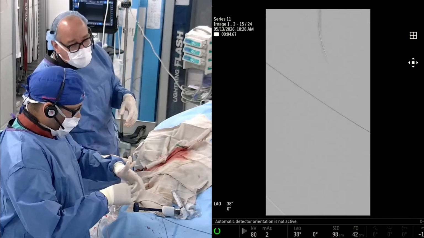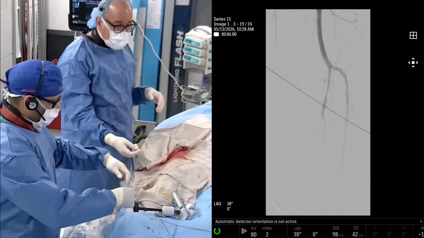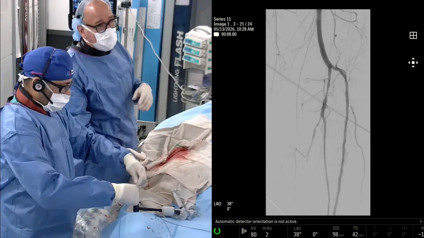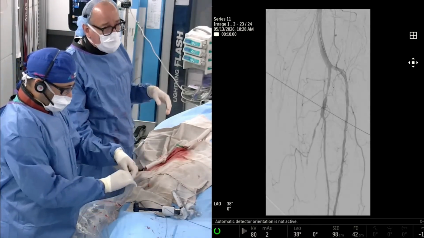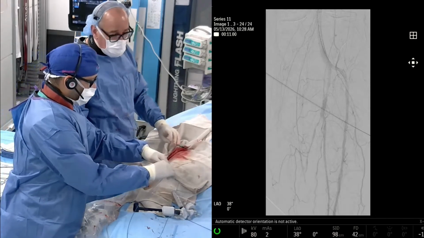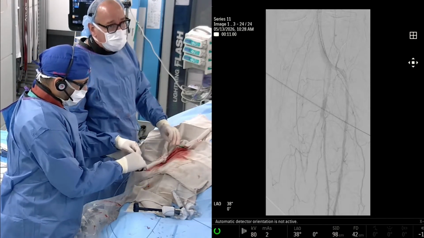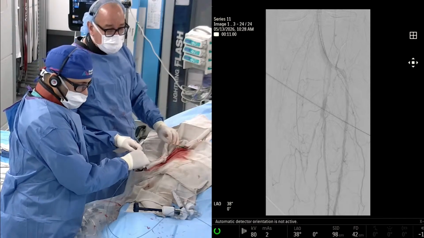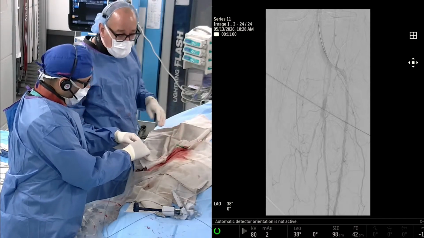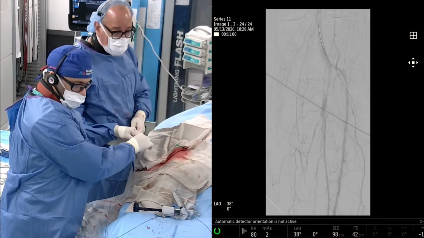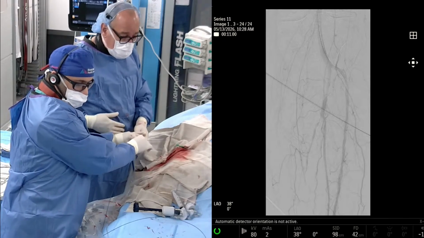So the platform that we're going to share with you is the second FDA approved peripheral IVL platform. It's currently being commercialized and distributed by Boston Scientific. It's called Seismic, and I'll go over this in a little bit once we get it down into the patient.